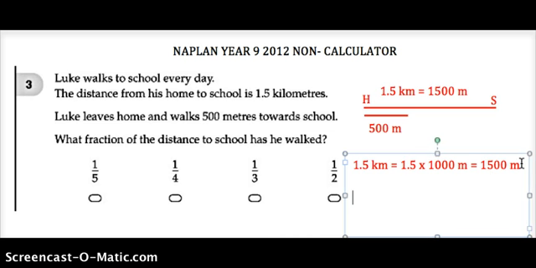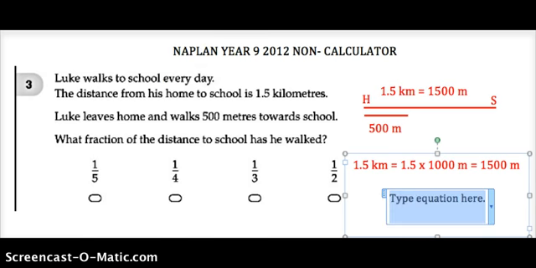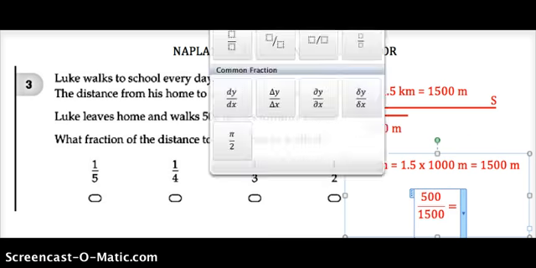Now to work out the fraction of the distance to school that he has walked, he's walked 500 metres out of 1,500 metres. So we can write that as a fraction: 500 out of 1,500. And then we simplify the fraction.